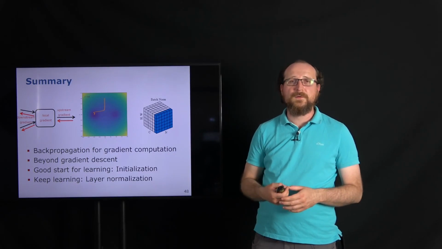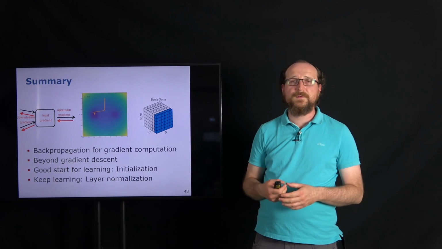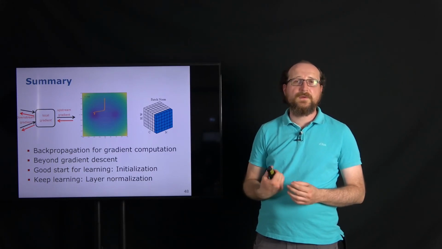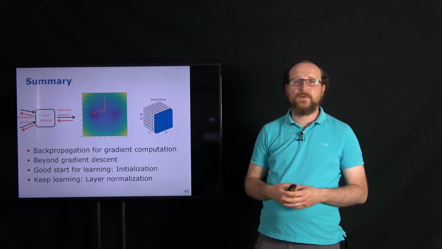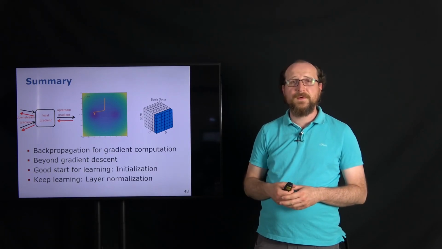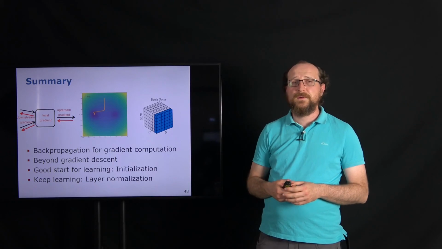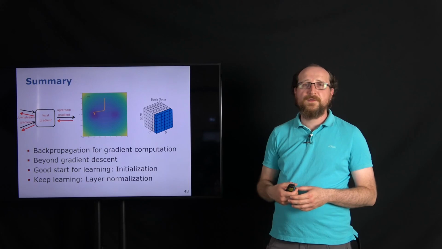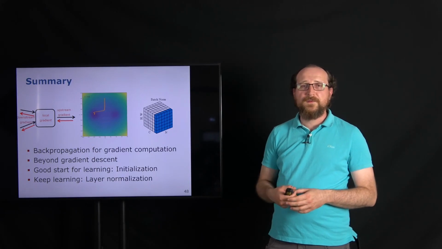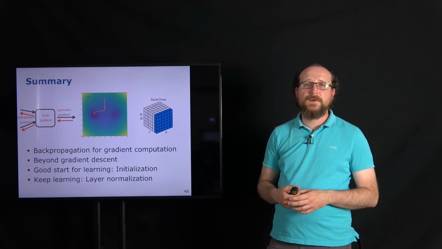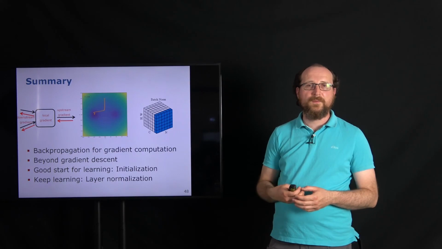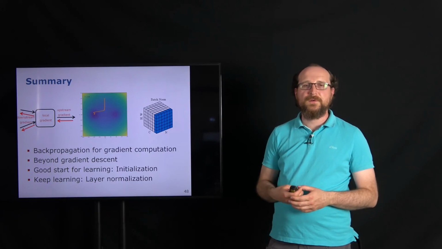For this we discussed the different variants, and the default choice in many, many papers, also shown empirically to work very well, is the Adam approach. For the proper initialization we had different schemes, and for the normalization of the output layers, to ensure that the network is trained in a proper way, we use batch normalization.